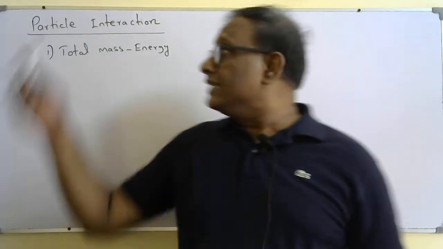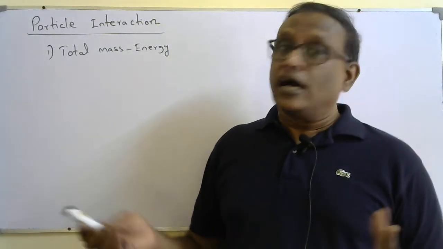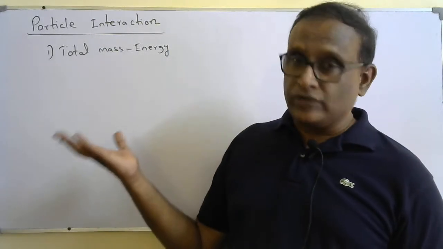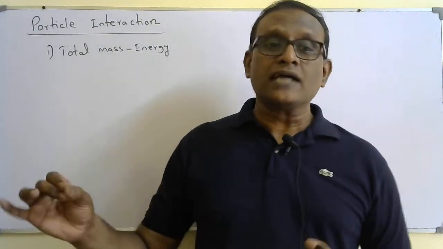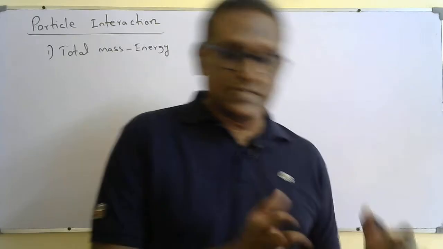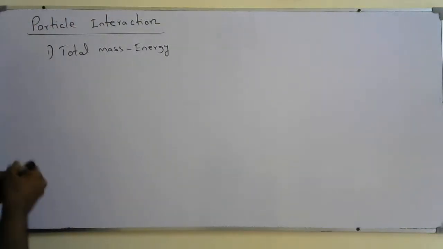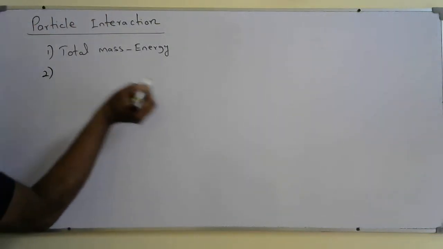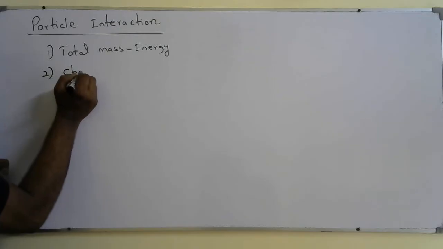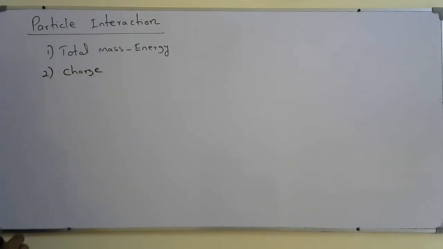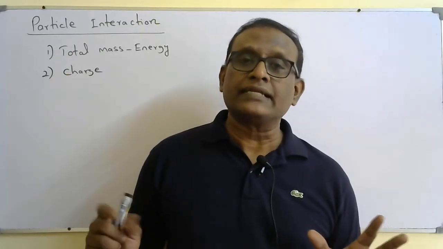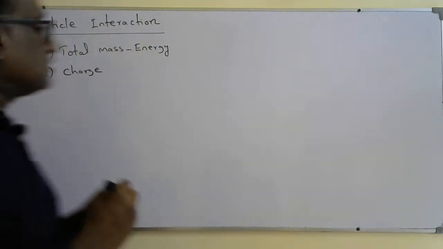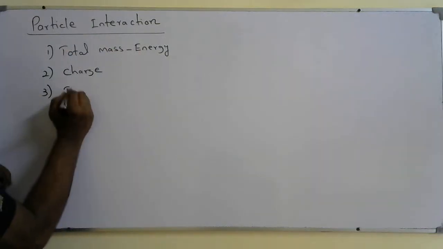In unit 5 you would have learned that in radioactive decay, we always consider that total mass energy should be conserved. Second one, charge must be conserved, total charge. That means the total charge of the particles before and after interaction must be conserved. Third one, total momentum.